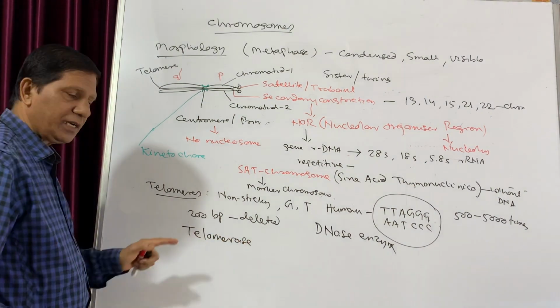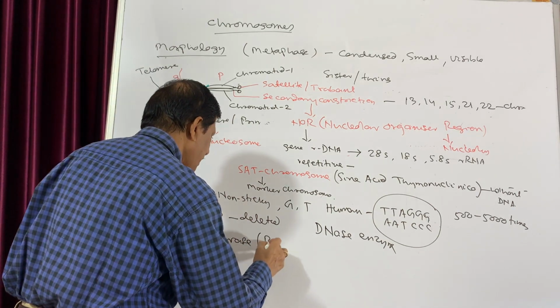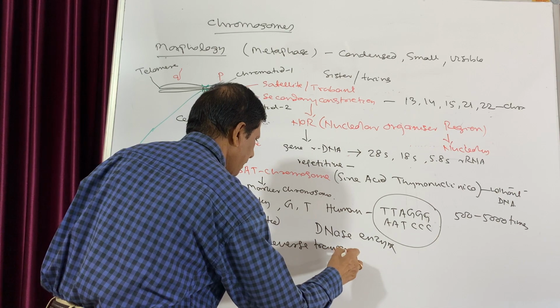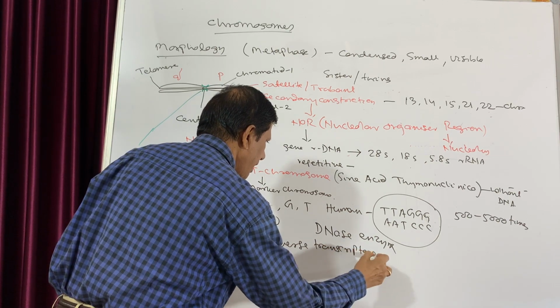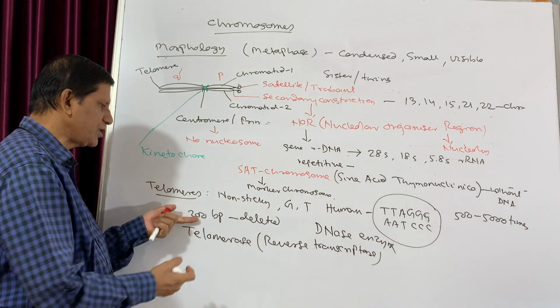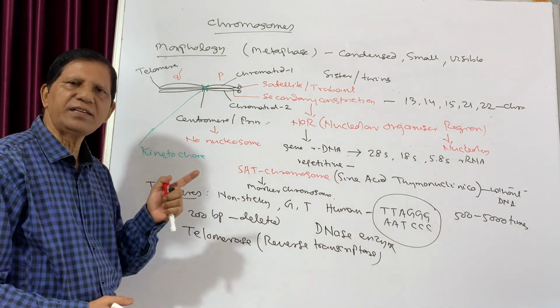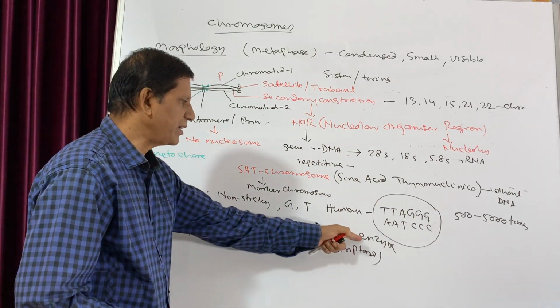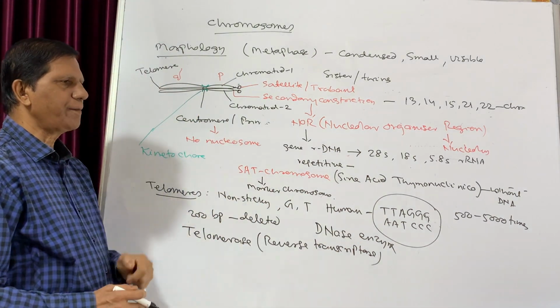Telomerase is a reverse transcriptase enzyme, and this enzyme is responsible for the synthesis of these base pairs at the telomeric ends. As a result, the DNase enzyme cannot attack the main DNA.